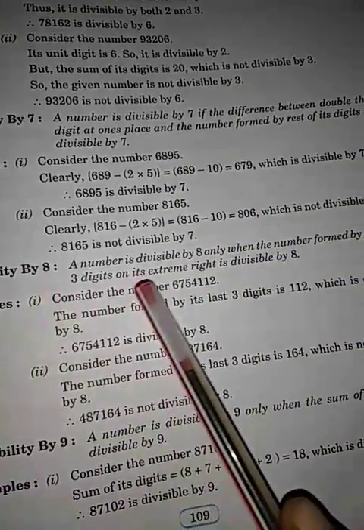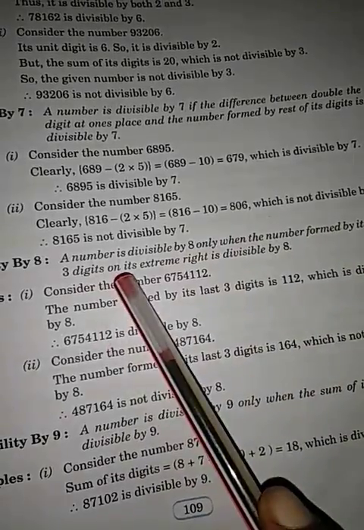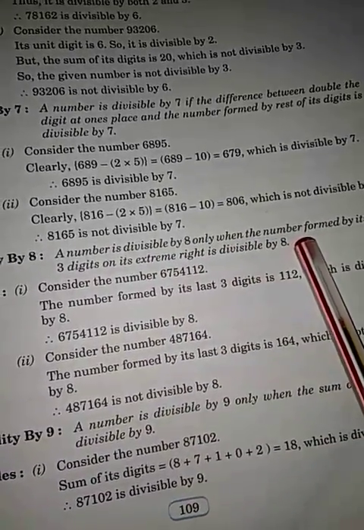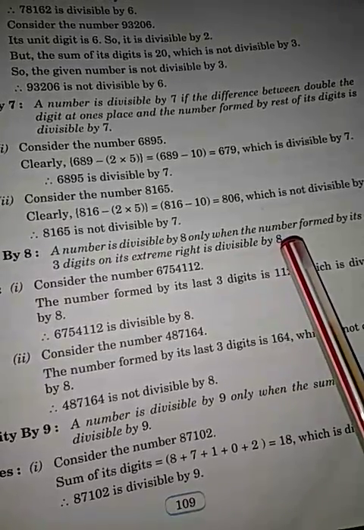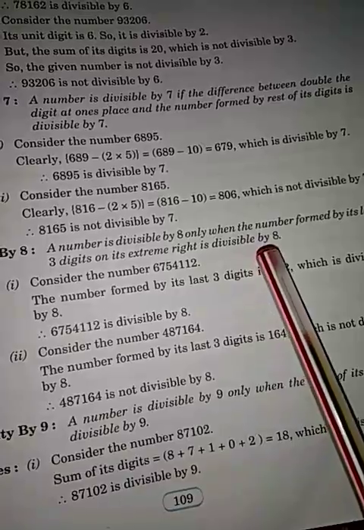Divisibility by 8. A number is divisible by 8 only when the number formed by its last 3 digits on its extreme right is divisible by 8. That is, the number formed by the digits at ones place, tens place and hundreds place.